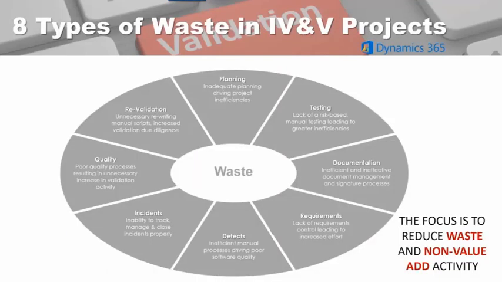If you look at validation processes in terms of planning, testing, documentation, requirements, defects, incidents, quality, and the revalidation process itself. Once you finish validating a system, you're really not done. That system has to be revalidated until it's decommissioned. So if we look across the life cycle of the validation process, there's all kinds of waste.